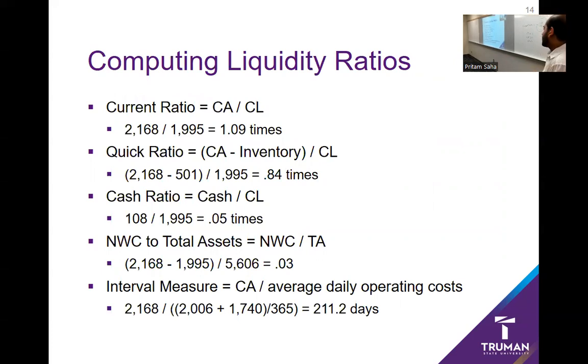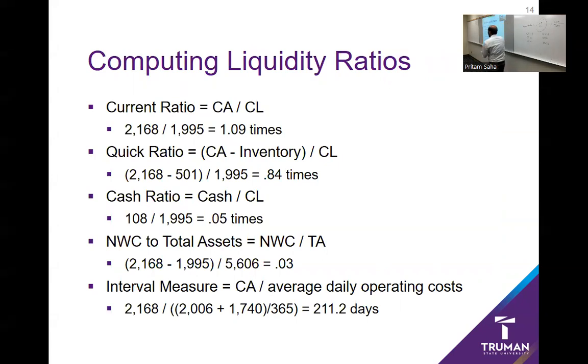Current assets over average daily operating cost. What is the interpretation? These corporations have 211 days of operating cost in their current assets. If they want to run the business for 211 days, the cost they need, they have it in their current assets.